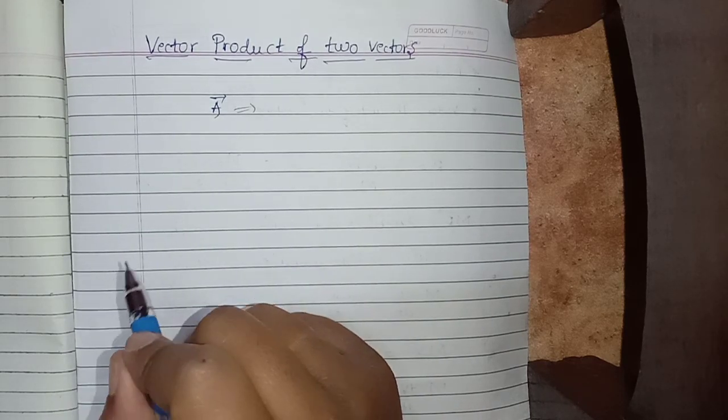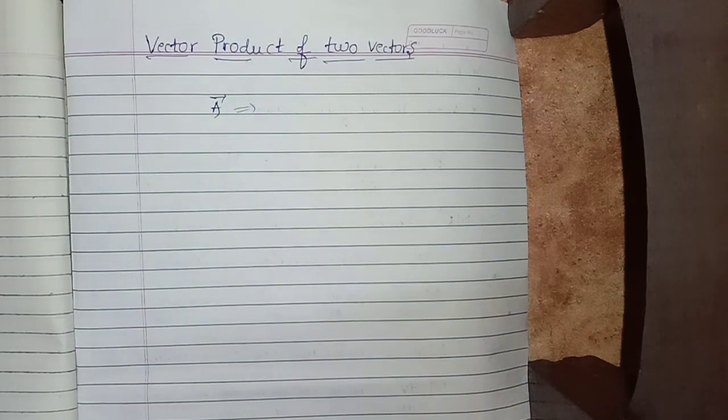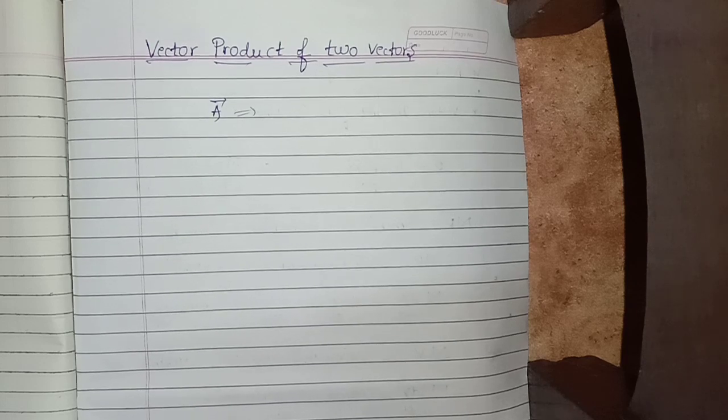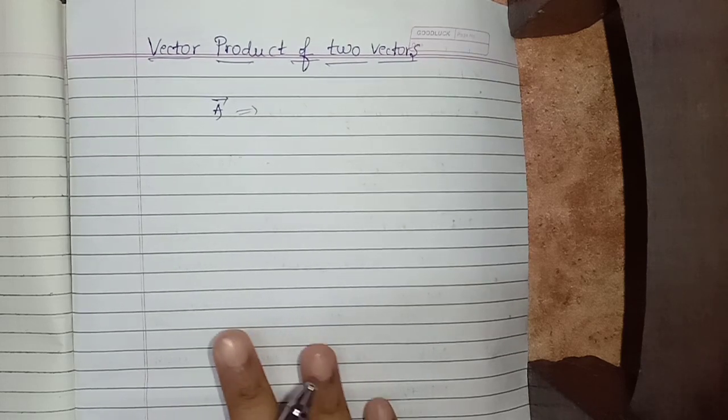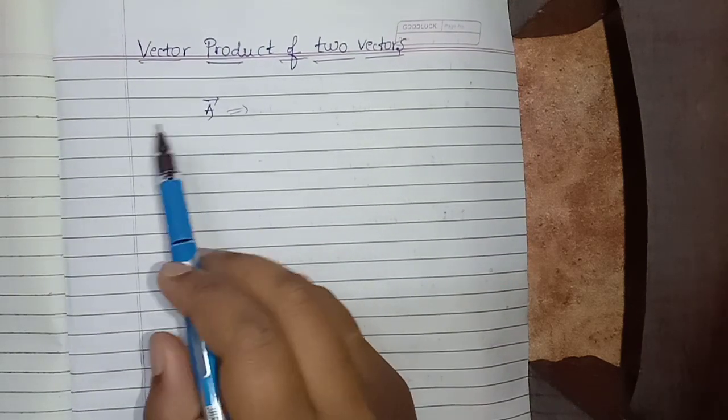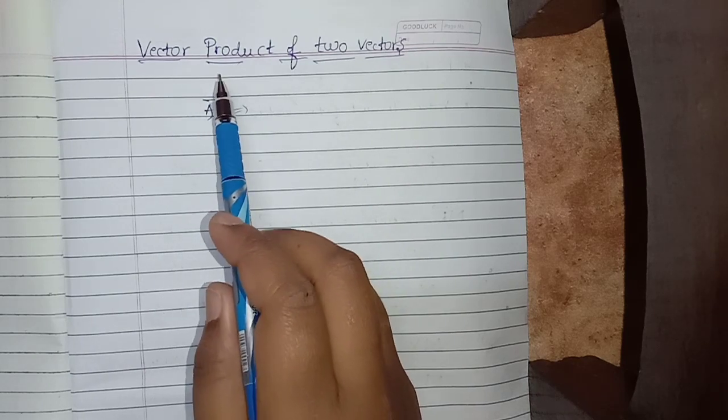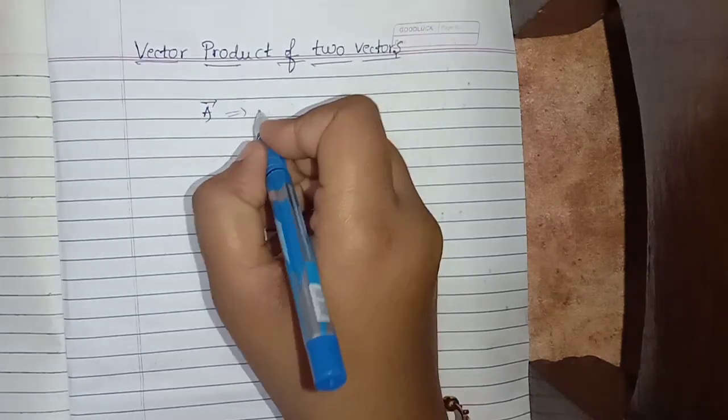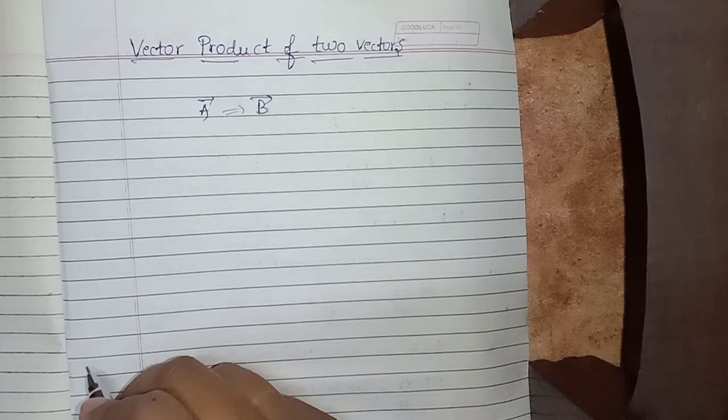When you start studying vectors, there is a big concept, like vector calculus, vector algebra, like that. For our syllabus, we have the vector product. We consider any 2 vectors, A and B, and their vector product.